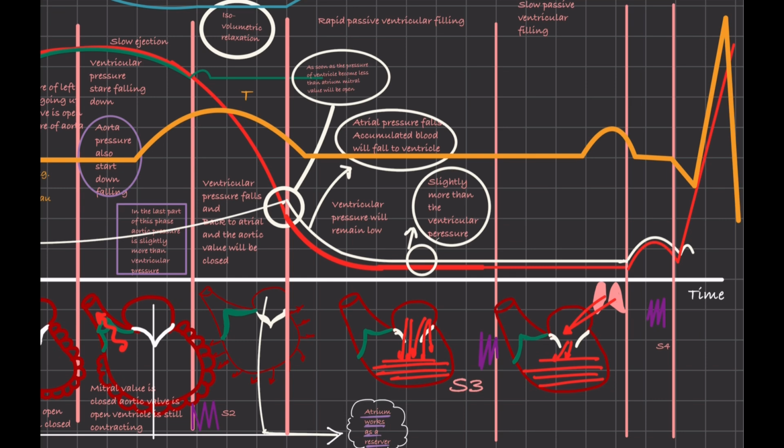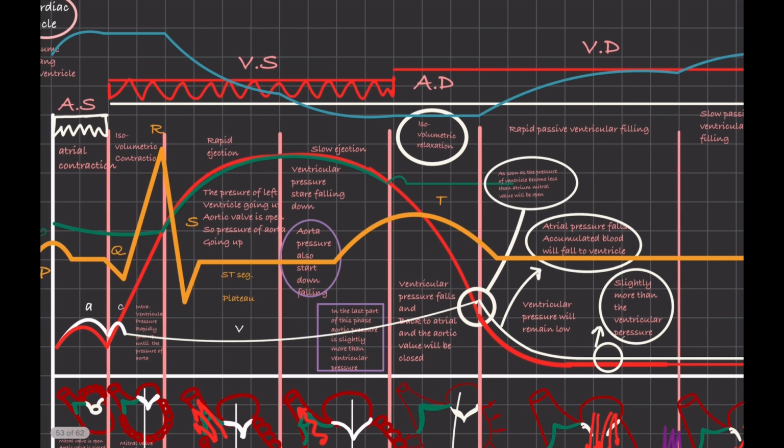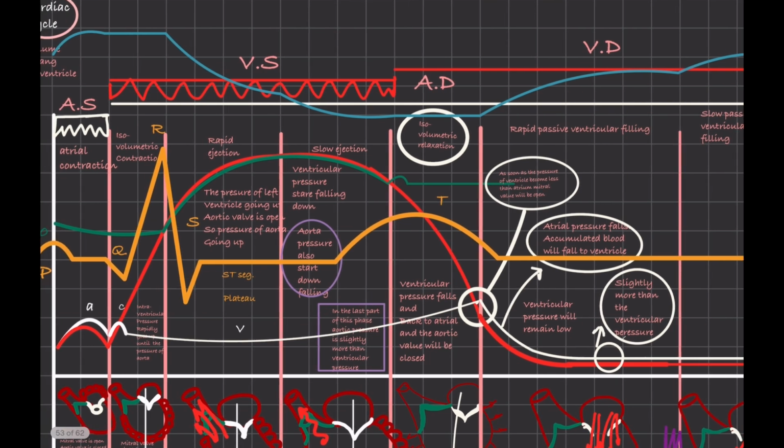Remember, 80% of ventricular filling happens passively, while 20% of filling comes from atrial contraction. That extra 20% becomes crucial during exercise. In terms of timing, atrial systole is a small part of the cardiac cycle.